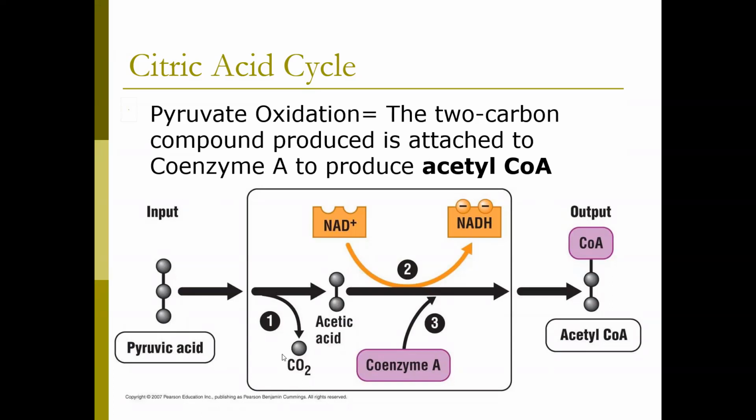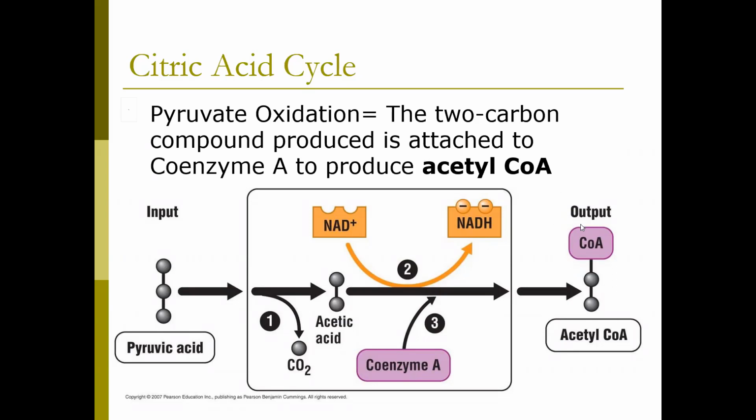So one of the carbons is released as carbon dioxide, and the other 2 carbons form acetic acid. Now that acetic acid will combine with a coenzyme, known as coenzyme A, and it will form something called acetyl-CoA.